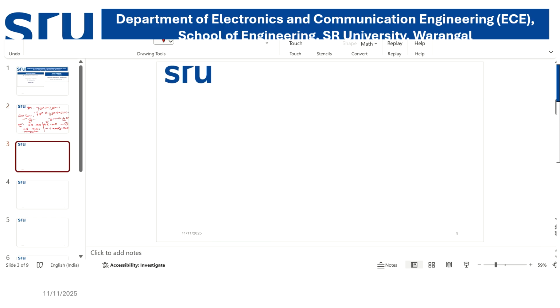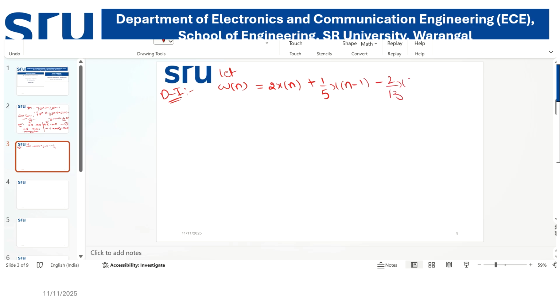Given equation number 1, let us consider this for direct form 1 realization. Let us consider W of n equals the entire input, the present input as well as the past input values. W of n equals 2 into x of n plus 1 by 5 x of n minus 1 minus 2 by 13 x of n minus 3 plus 1 by 32 x of n minus 5.